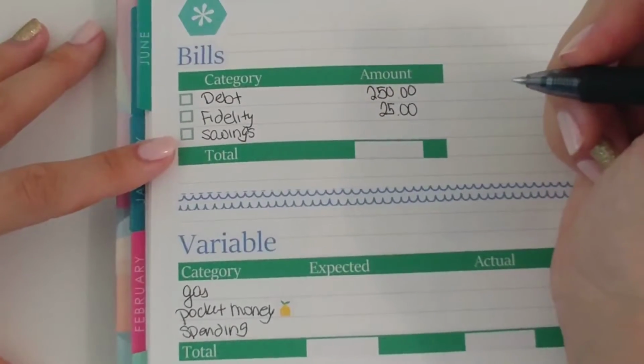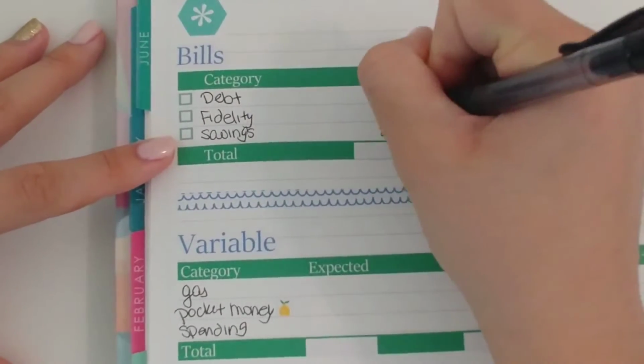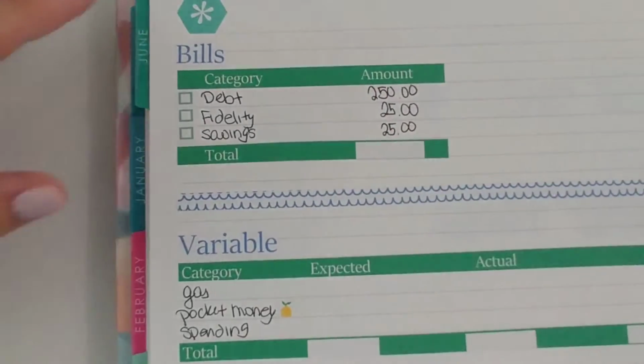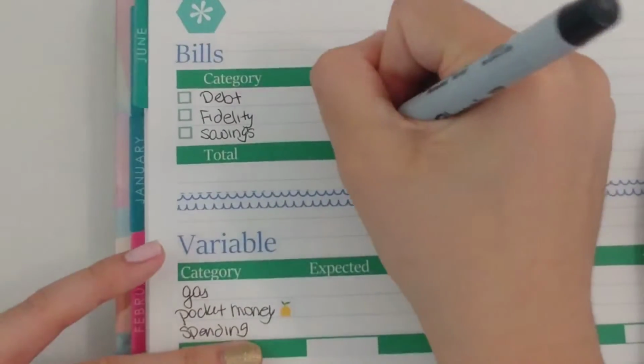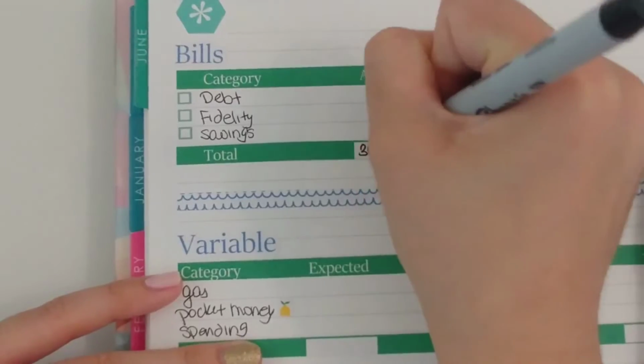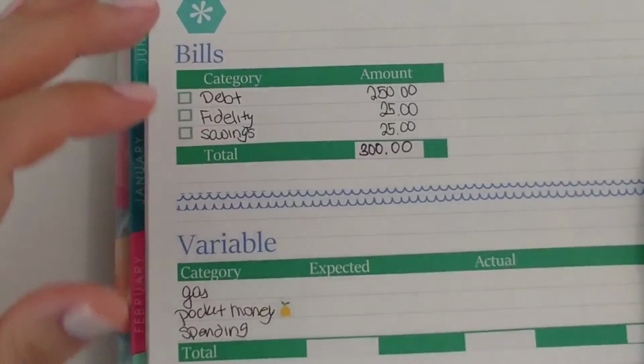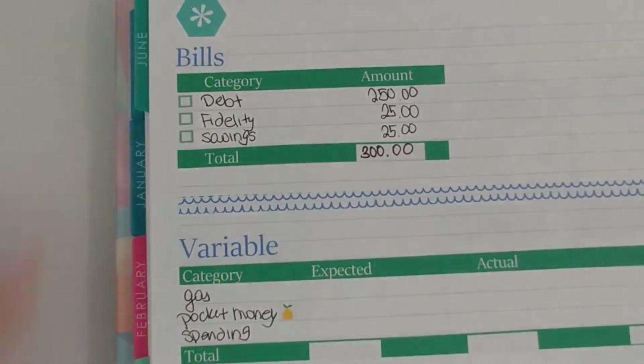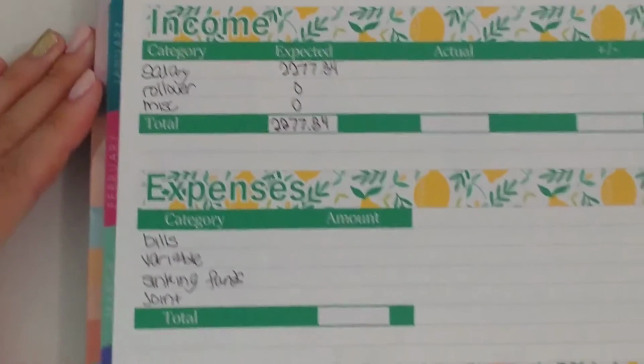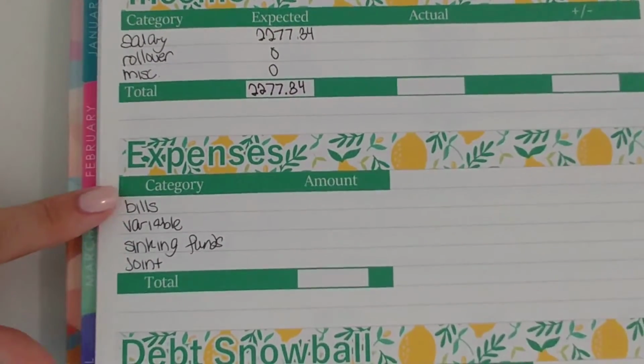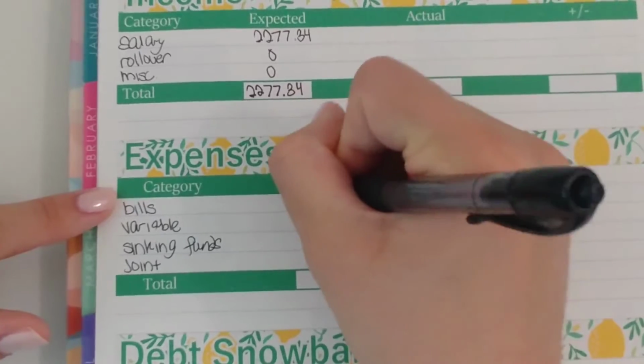And then savings, which is just general savings, I also do $25. So this total comes to $300. And in my budget overview, under expenses for bills, that total comes to $300.